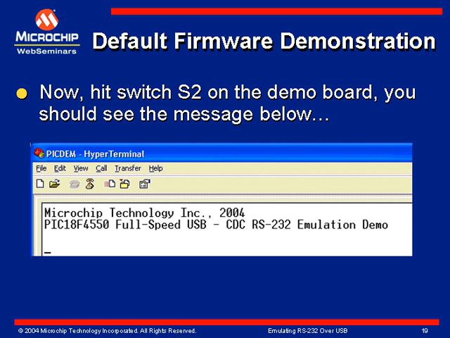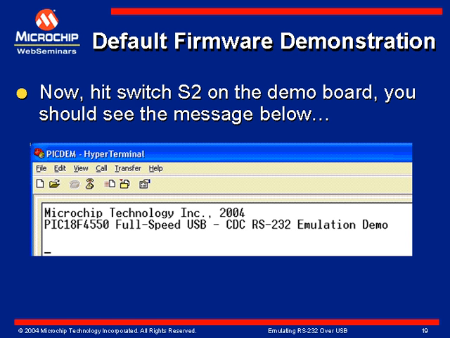And the default code that you would use from the reference project, once you have it running and everything is connected, the default program has it in such a way that when you hit S2, the switch button 2 on the demo board, it will send the following message to the host USB. In this case, it reads Microchip Technology Incorporated 2004 and PIC18F4550, and so on.